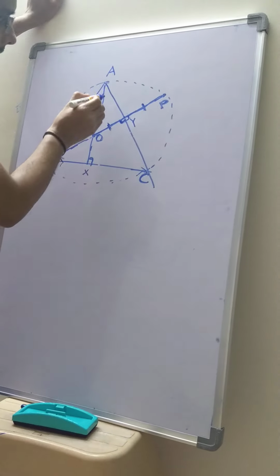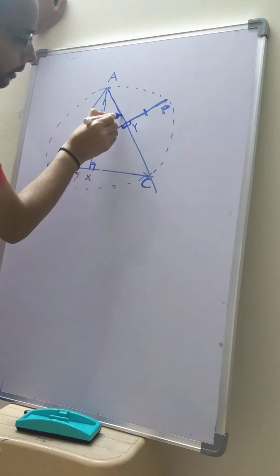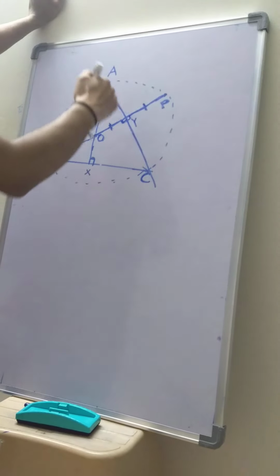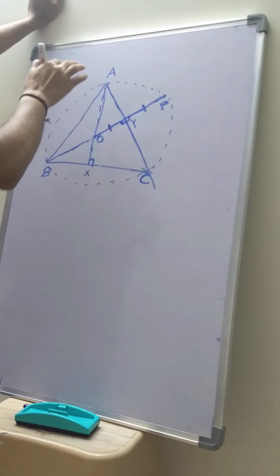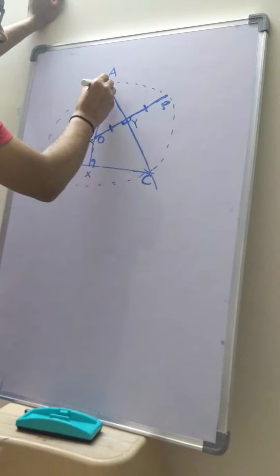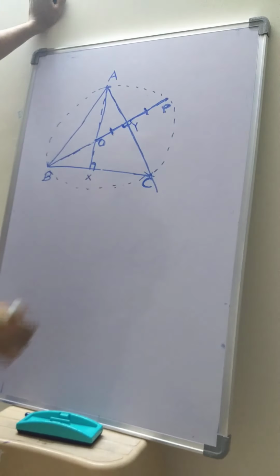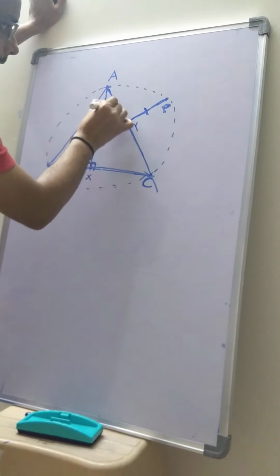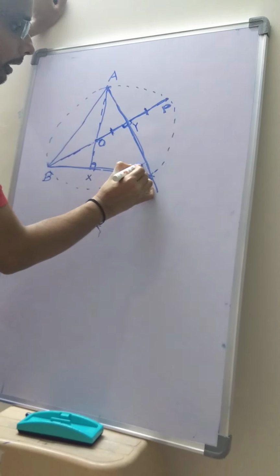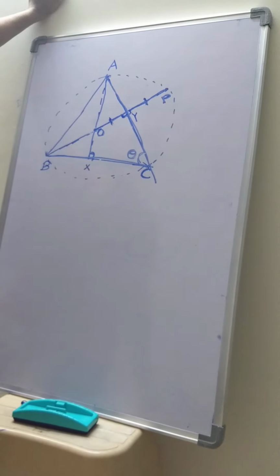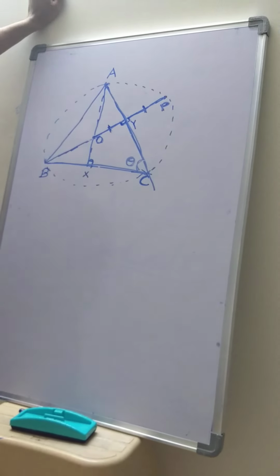You see that this is a chord, a line which connects two points on the circle, which are A and C, right? And this is one angle, right? And what is this angle? This angle, let's call it theta, or we can call it C as well, but let's call it theta, right?